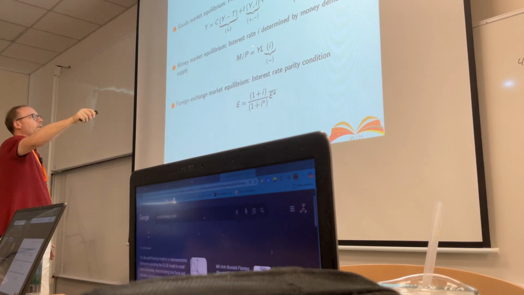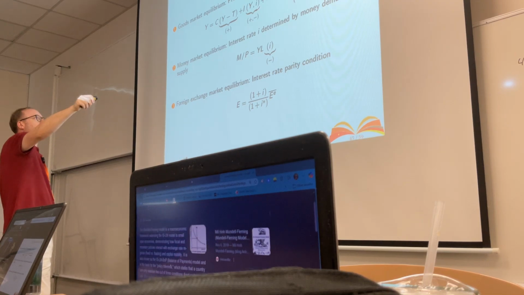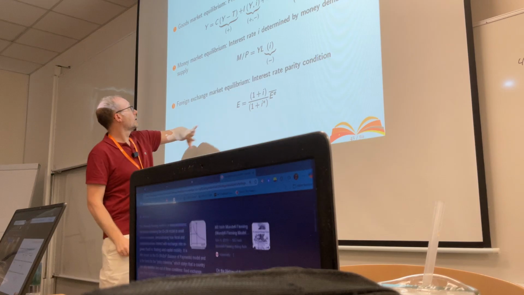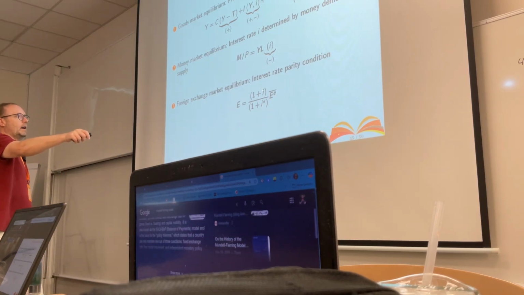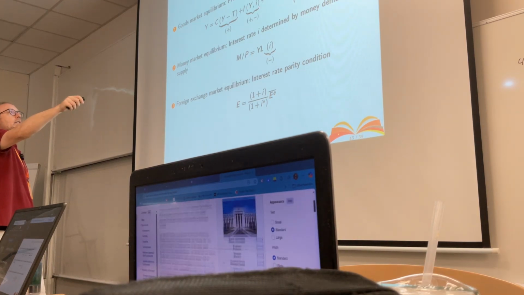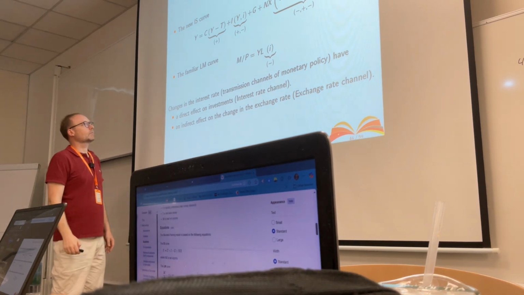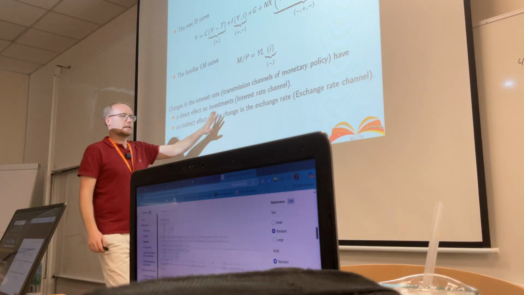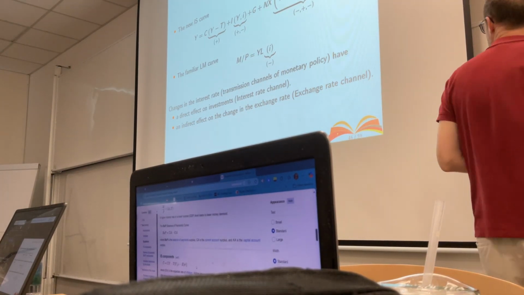The money market equilibrium equation determines the interest rate, which feeds back into the IS, our goods demand. Now we also have a foreign exchange market, a second financial market where the interest rate feeds into the exchange rate, which feeds into our net exports component. So this gives us, as I said yesterday, this second channel for monetary policy, namely the exchange rate channel.